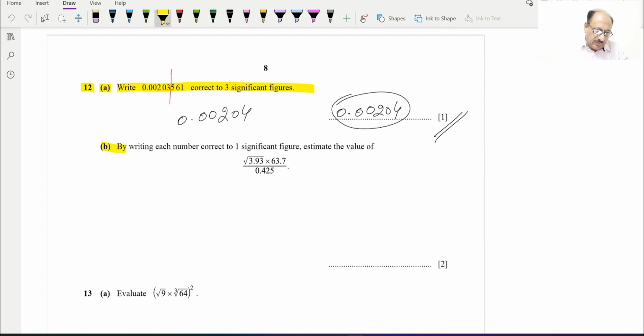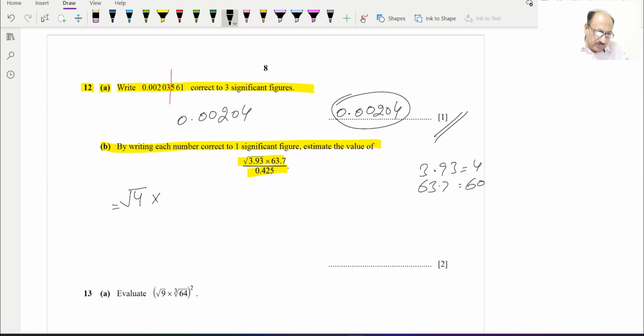B part: by writing each number correct to 1 significant figure, estimate the value of this one. So we can write 3.93 up to 1 significant figure as 4. So 4 under root and multiply by 63.7, we can write as 60.